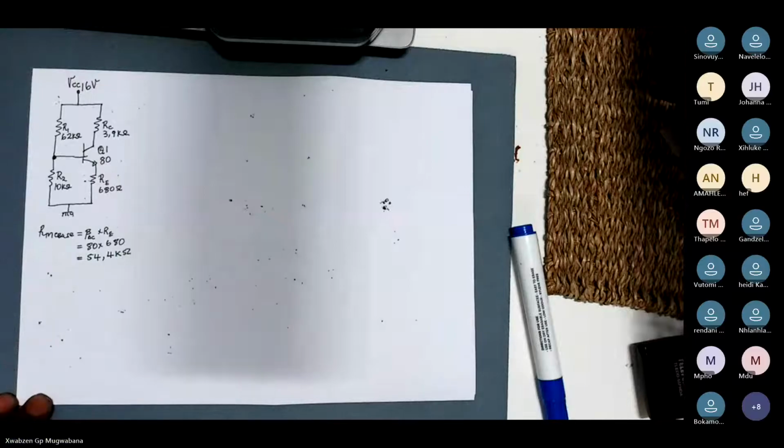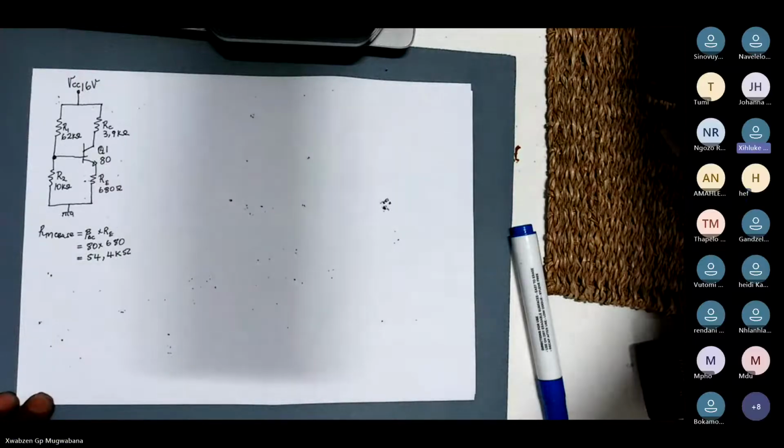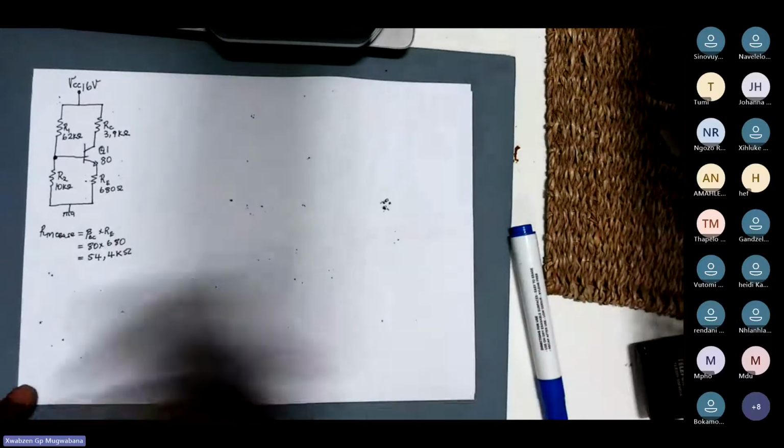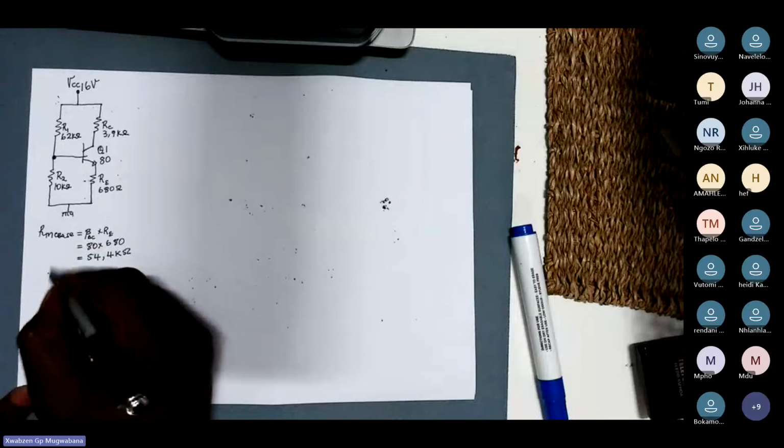Are you sure? Yes, it's correct. Okay. 54.4 kilo ohms. Good.